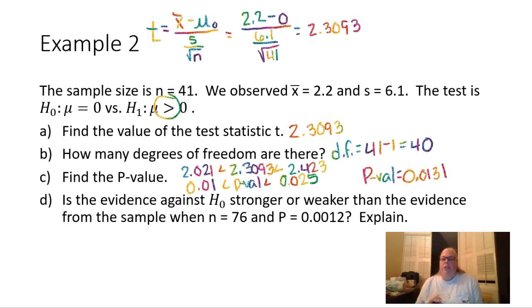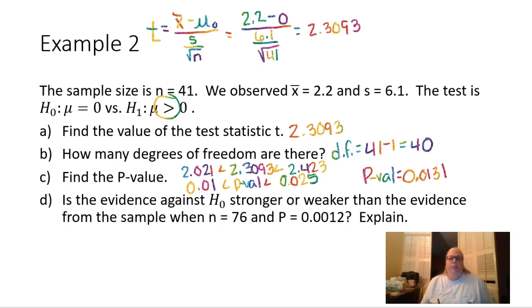Now, please understand, you don't have to find both an interval and the actual p-value. I'm just giving you two options here, and I think you might be better off using the ALEKS calculator and getting the actual p-value for it, because I don't remember if ALEKS allows you to put the interval in or not.